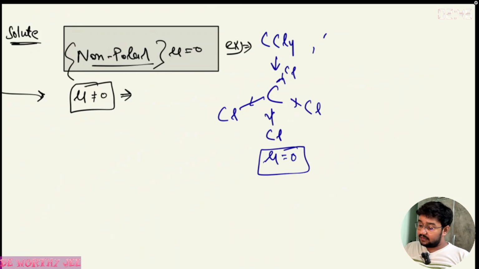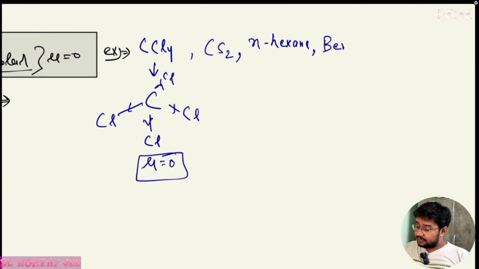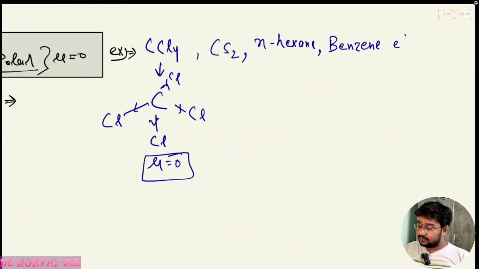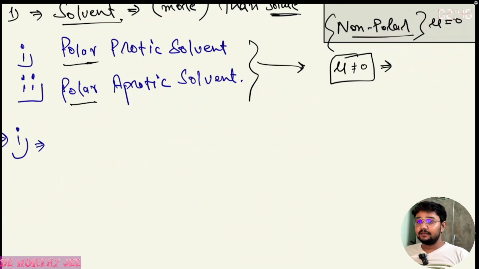And such as CS2, carbon disulfide, and hexane, mostly benzene, normal hexane, benzene, etc. And polar solvents are those solvents whose dipole moment is not equal to 0.